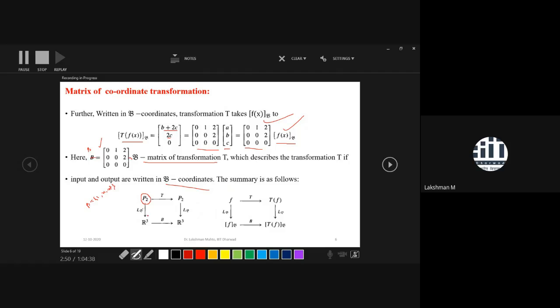Every polynomial from P2 will have a coordinate, and that coordinate would be a three-dimensional coordinate. So under this beta coordinate transformation, you are mapping P2 to R3. And similarly, this P2 is your image space of the transformation T. Again, you apply the coordinate transformation with respect to basis beta, and you map P2 to R3.